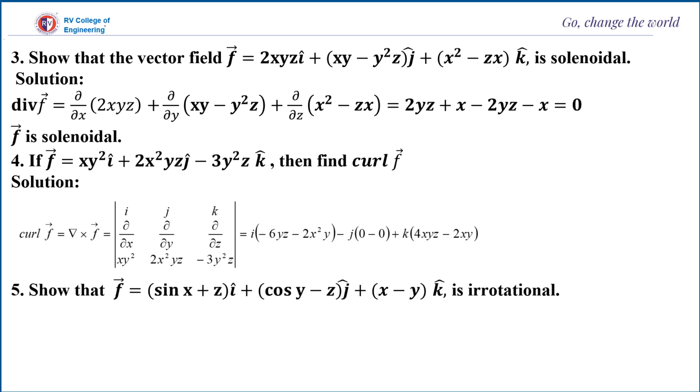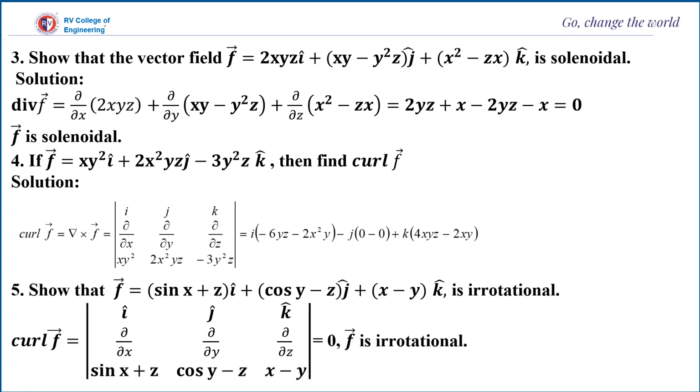Next example is show that f is equal to sin x plus z i plus cos y minus z j plus x minus y k is irrotational. We know that a vector function f is said to be irrotational if curl f equal to 0.